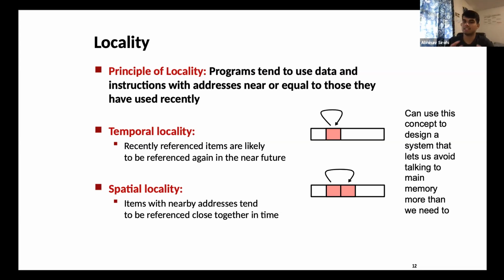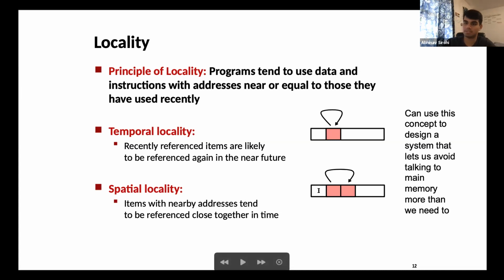There's this concept of temporal locality, which means that recently referenced items are likely to be referenced again. So that same item is likely to be referenced again in the future. If you have a variable, it's likely that it will again be referenced. And then we have spatial locality, which means that nearby addresses are likely to be referenced.